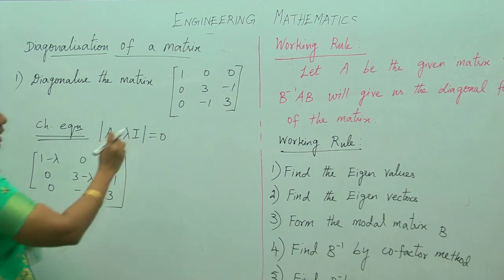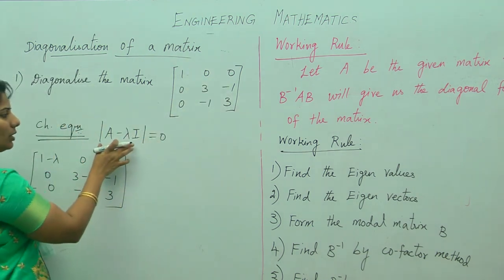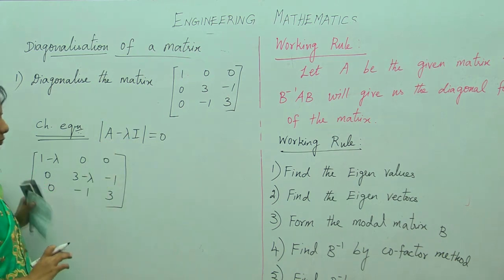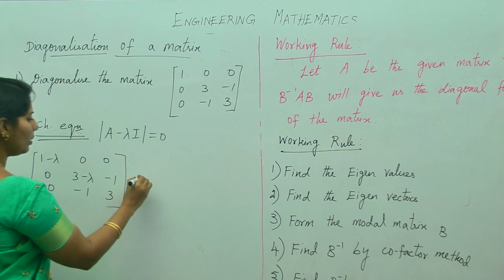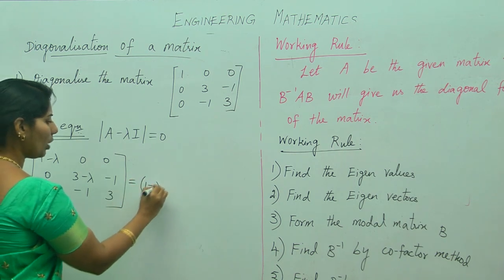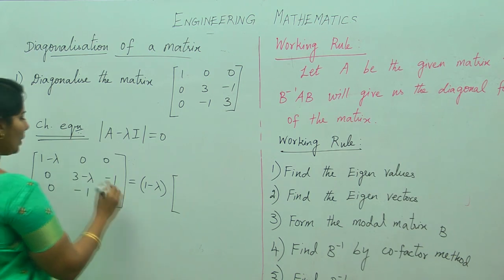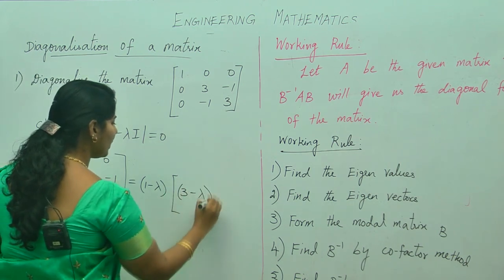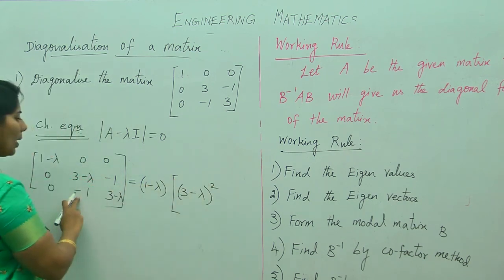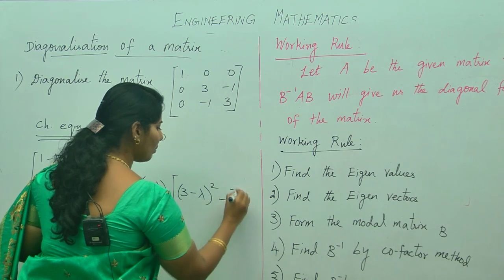See, since we have many zeros in the matrix, we can directly use the determinant of A minus lambda I formula. So, the first step will be, how will you do it? To find the determinant, 1 minus lambda into 3 minus lambda into 3 minus lambda, which will give you 3 minus lambda the whole square, minus 1 into minus 1 plus 1, again you will get it as minus 1.